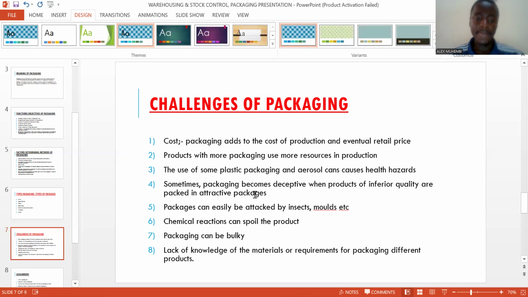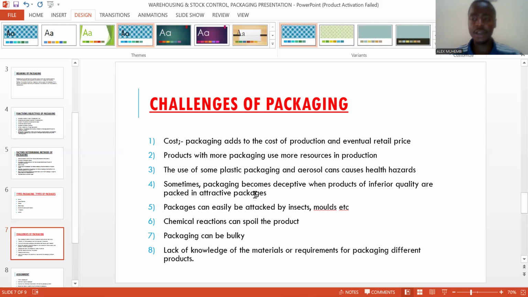Again, the packages can easily be attacked by insects, by moths, etc. So that is also a challenge. We also have chemical reactions. They can spoil the product. It is also a challenge. Packaging can be bulky. That is another challenge. And lastly, we have lack of knowledge of the materials or requirements for packaging different products.